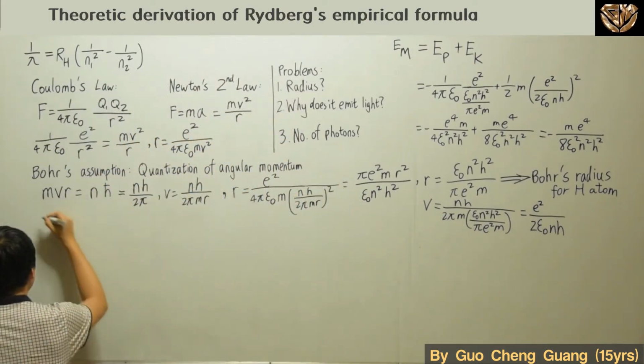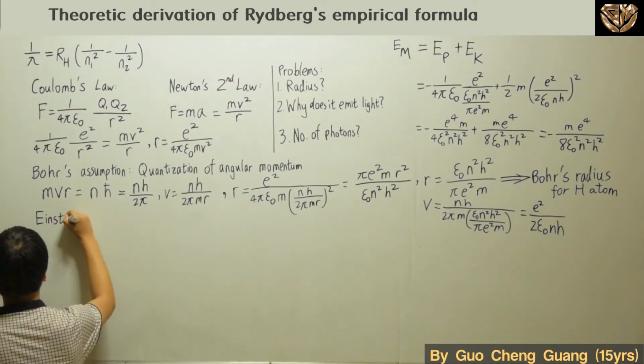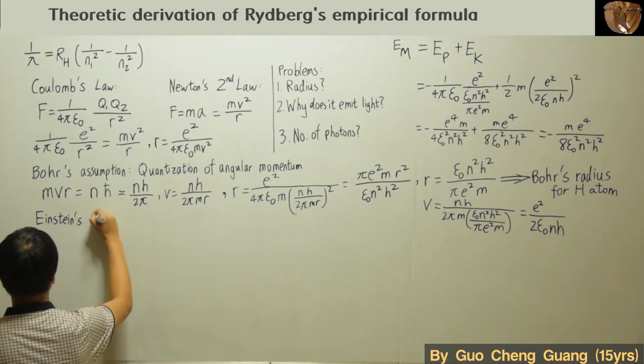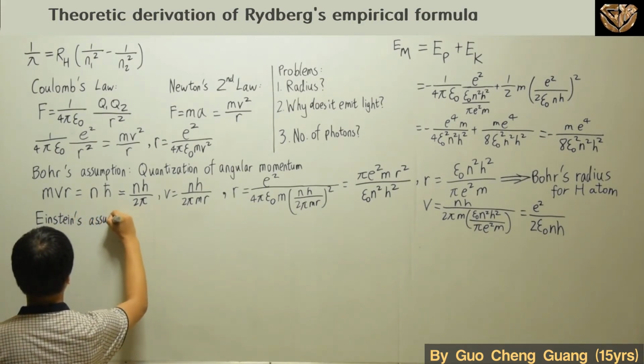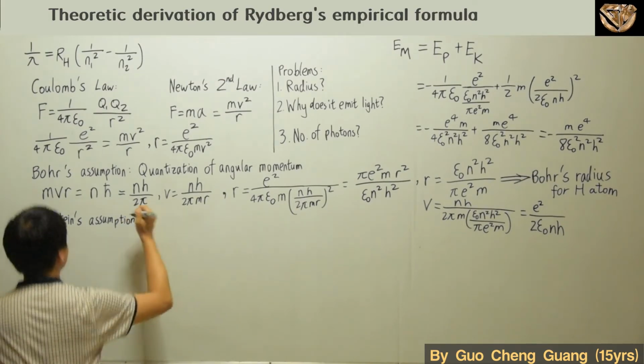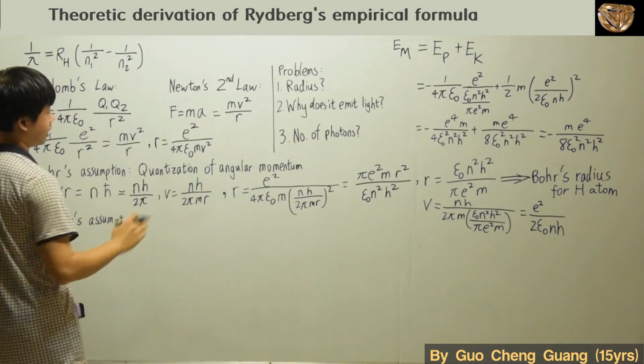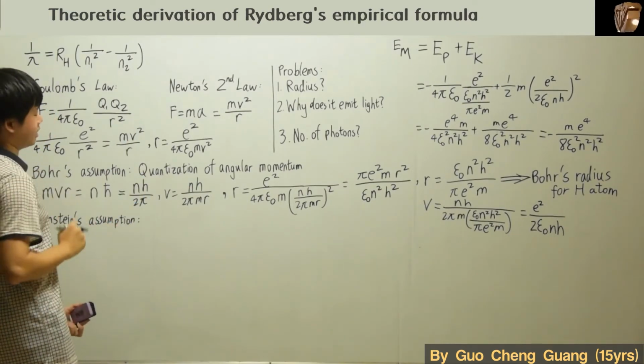So although we can say that this is Einstein's assumption, you have to be aware. Okay, so Bohr, he used quantization of angular momentum. Now what did Einstein use?